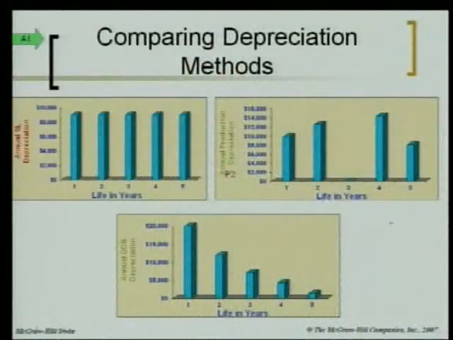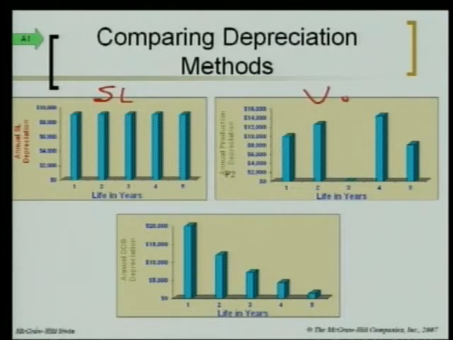Okay, if not, we talked about depreciation. And I want to jump to, let's go ahead and just go to this slide right here as kind of a refresher. On the straight line depreciation, you depreciate the same amount every year if it's purchased at the beginning of the year.